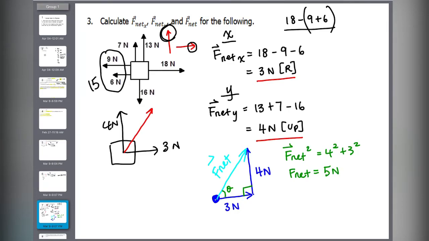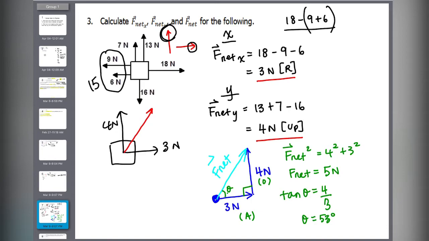And then the angle that I need is angle theta. So 4 is my opposite, 3 is my adjacent. So TOA, tangent of theta is opposite over adjacent. Punch it in your calculator. 4 divided by 3, then inverse tangent.